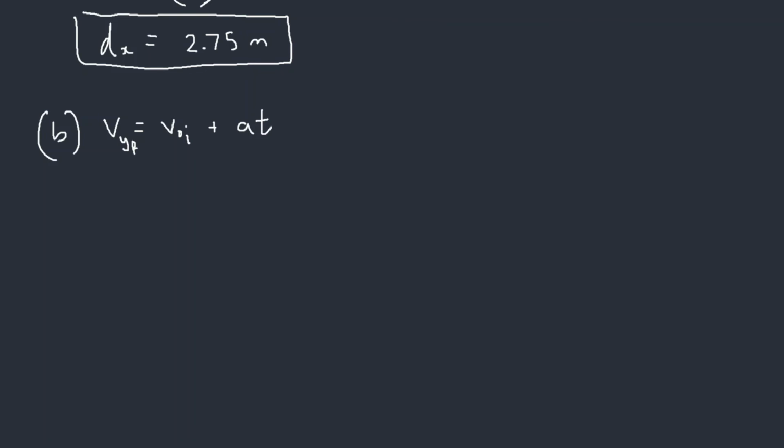We already agreed that this velocity was 0. There was no initial velocity in the y direction. So our equation just reduces to that. We know that the acceleration, once again, is the acceleration due to gravity. Here I have to make sure to actually include it as negative 9.8 meters per second squared, because our convention was something like this.